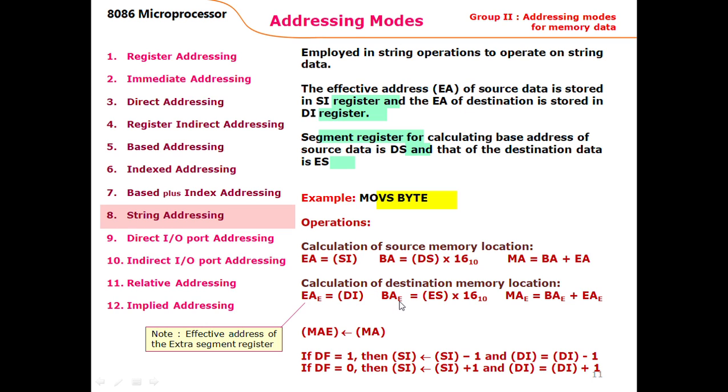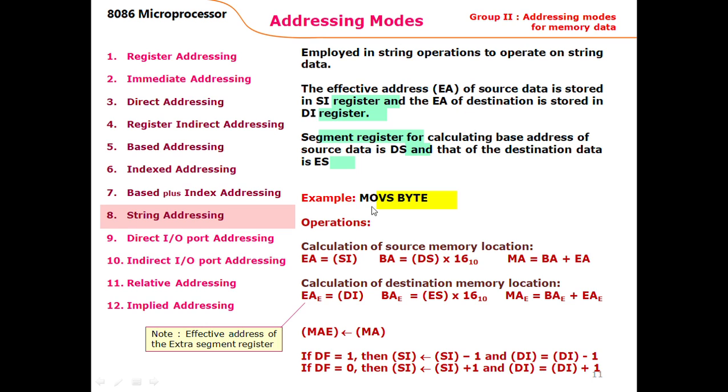The base address of the destination segment, which is the extra segment, is calculated by left shifting the content of the extra segment register by 1 hexadecimal digit, just like we did with the base address for the source segment. And similarly, the memory address for the destination segment is calculated by adding the base address plus the effective address calculated here. So we just calculated the memory address, or the physical address, of the source of the data, and this is the physical address of the destination of the data.